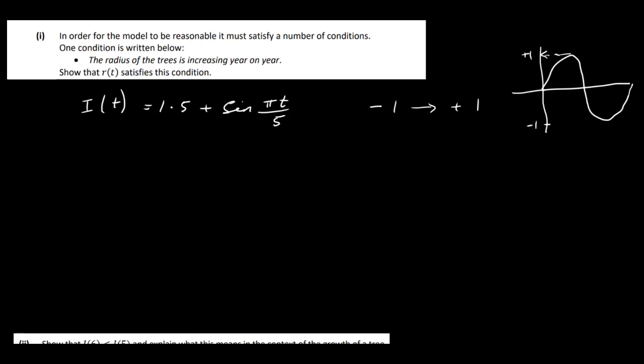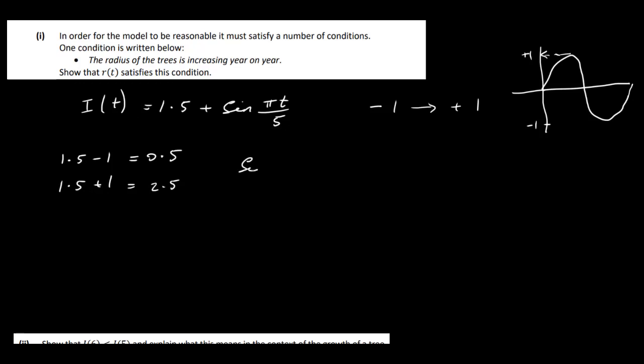So if we look at the limits of this function, then on the y-axis you're looking at 0.5, because 1.5 minus 1 is equal to 0.5, 1.5 plus 1 is equal to 2.5. So that will be the range of this function, if you like. Now, in other words, when this part of the function here is at its minimum, in other words minus 1, the entire function I of t will still be positive. So the increase will always be positive.